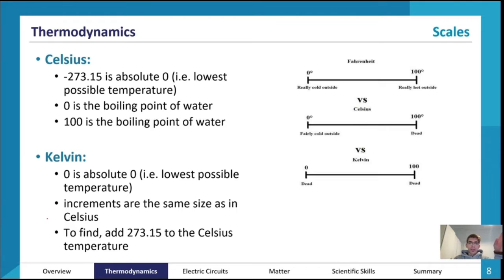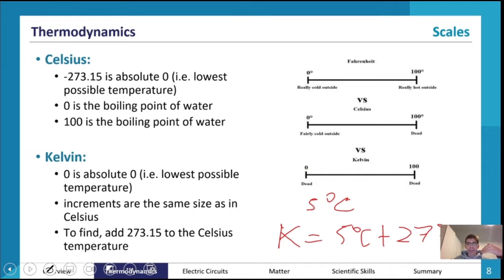Now, if it is 5 degrees Celsius outside, what is the equivalent temperature in Kelvin? In order to find the equivalent temperature in Kelvin, all we need to do is add 5 degrees Celsius plus 273. That would be 278 Kelvin.